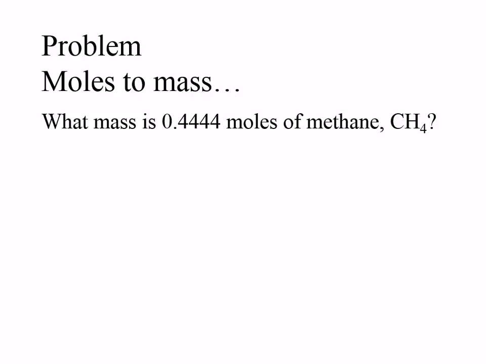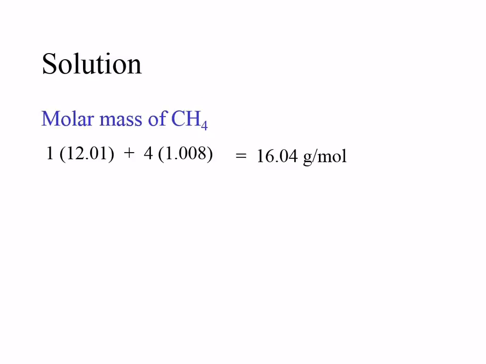So 1 times 12.01 for carbon, plus 4 times 1.008 to represent the hydrogen. And then round to 2 decimals, that gives you a molar mass for the compound of 16.04 grams per mole. Physical property, molar mass of methane. So what's our first term going to be?